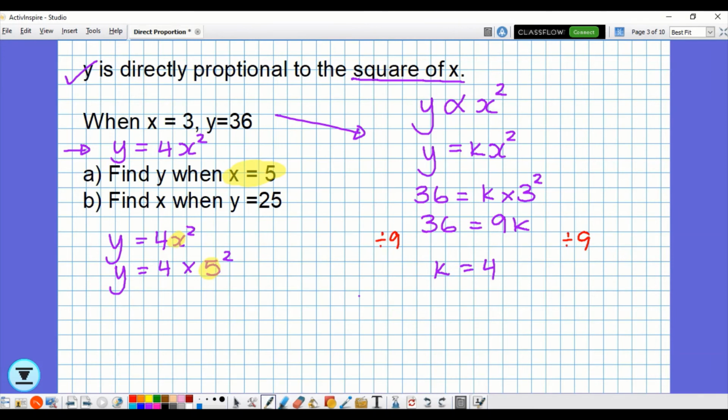Now working this out, we have y equals 4 lots of 5 squared, which is 25, so 5 times 5. And then we know 4 lots of 25 is 100. So for this question here, I know that y is equal to 100.